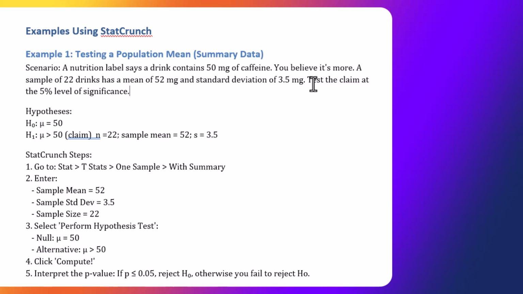For example, if this question was worded like a sample of 22 drinks has a mean of 52 milligrams, and we assume that the population standard deviation is 3.5, in this case you must use z-stats. But since he's referring to the sample here, you just use t-stat.